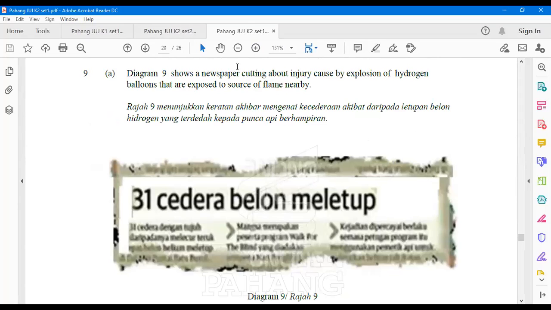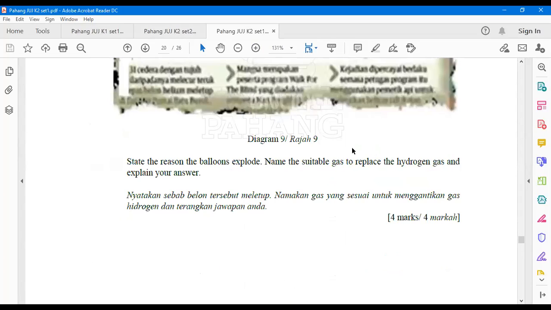I hope you are still with me. Diagram 9 shows a newspaper cutting about an injury case by explosion of hydrogen balloons that are exposed to a source of flame nearby. Now we continue. State the reason why the balloon explodes and name the suitable gas to replace the hydrogen gas. And you need to explain your answer.